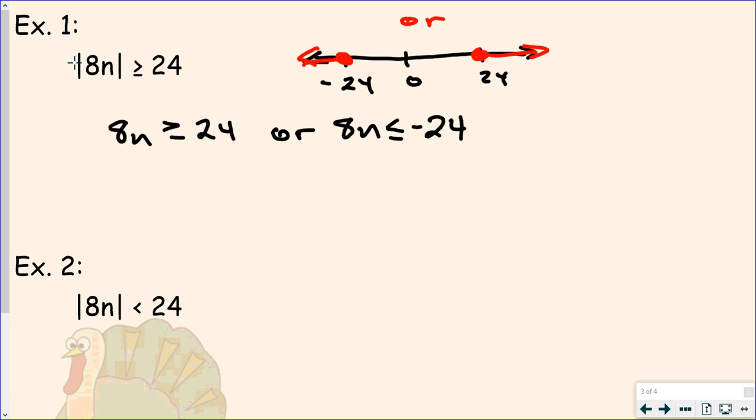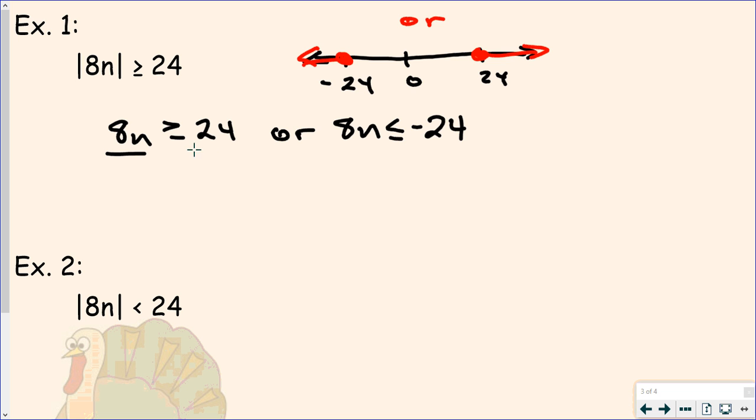This says the absolute value of 8n is greater than 24 away from 0. That gave me this graph, and from this graph, I wrote these inequalities. 8n is greater than or equal to 24, that's this way. 8n is less than or equal to negative 24, that's that way. And now we're going to solve.